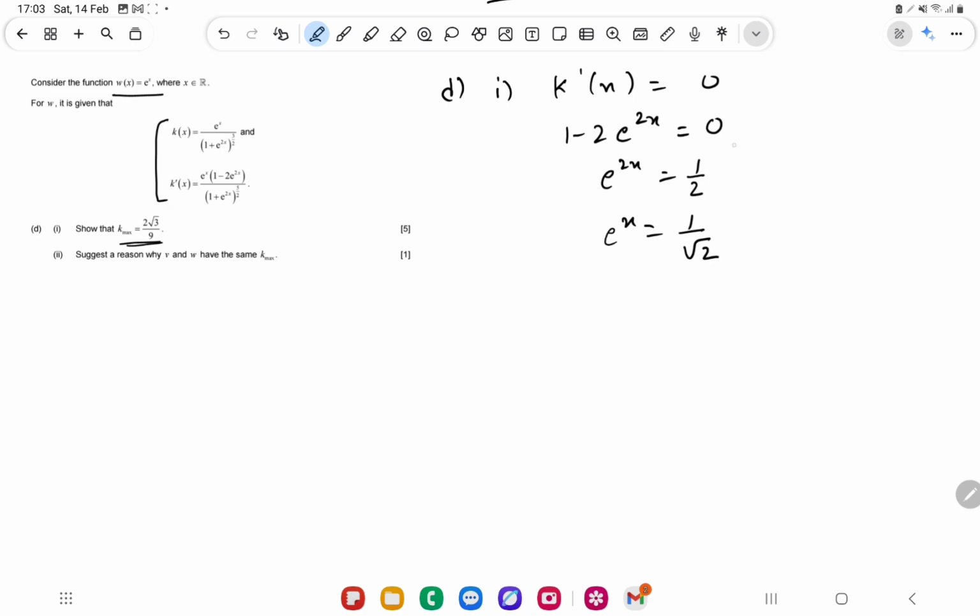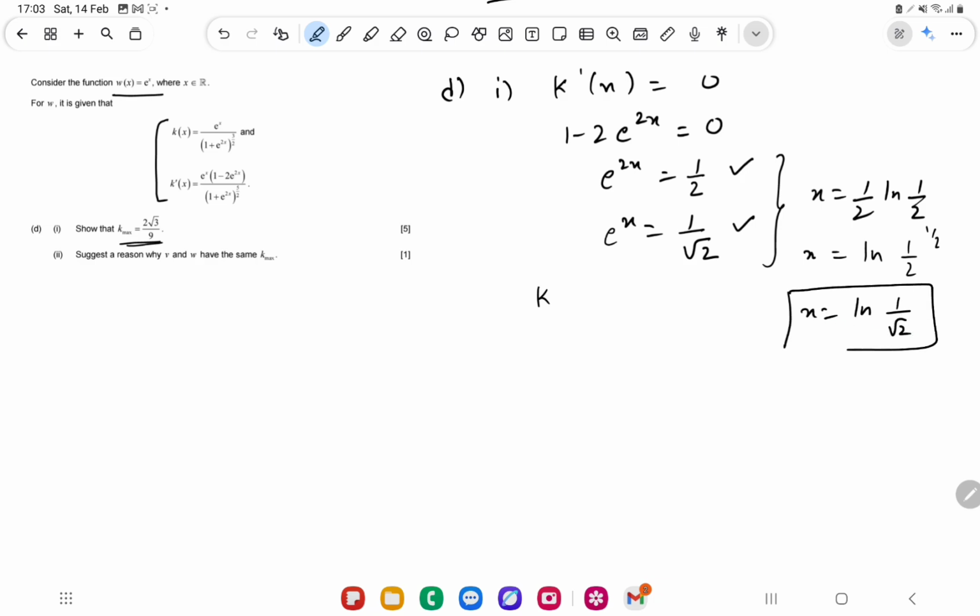Now we can substitute e to the power 2x and e to the power x values in k(x) to get the k max, or you can use your GDC also. Instead of this you can also write x as 1 by 2 ln 1 by 2, which you can substitute. I can also write this as 1 by 2 to the power 1 by 2, so my x value becomes ln 1 by root 2. Now I substitute this value in my k(x) function.